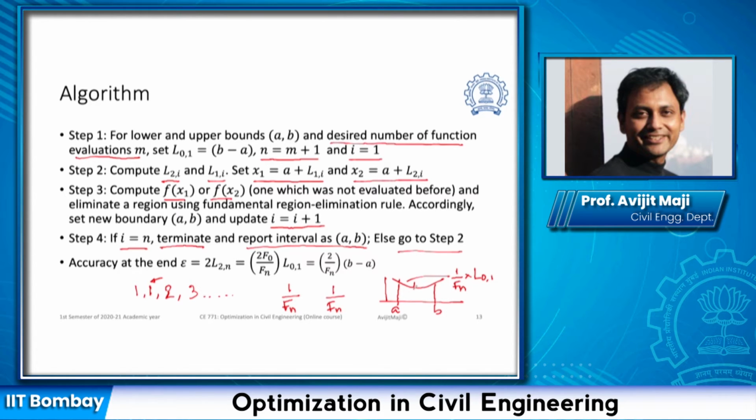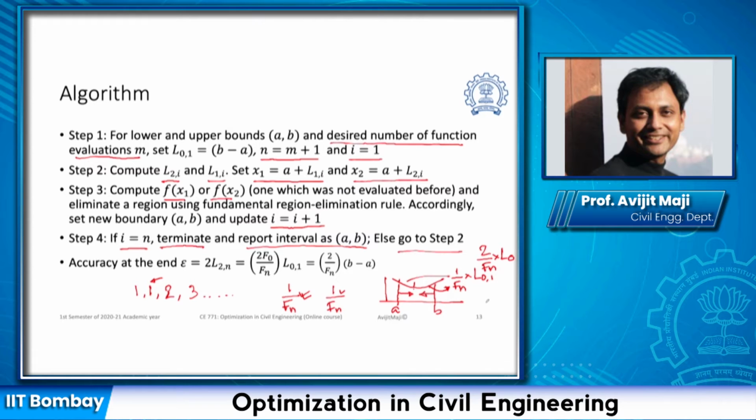This point is going to be the same if we take the last two Fibonacci numbers, which means if I am approaching from this side, this is the distance. If I am approaching from this side, this is also going to be the same amount of distance, which means the actual distance between these two is going to be 2 by Fn times my initial distance of the lower and the upper boundary.